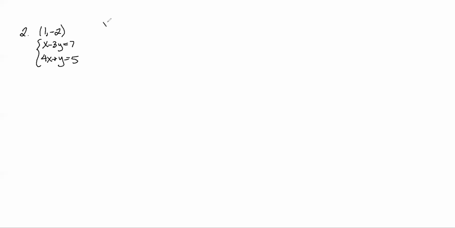Let's start with x minus 3y equals 7. So x is 1 minus 3 times y is -2 equals 7. Bring down this 1 minus 3 times -2 is -6. Remember, you can multiply those, or you can multiply -3 times -2, which gives you a +6, because we're actually going to be adding the opposite here.